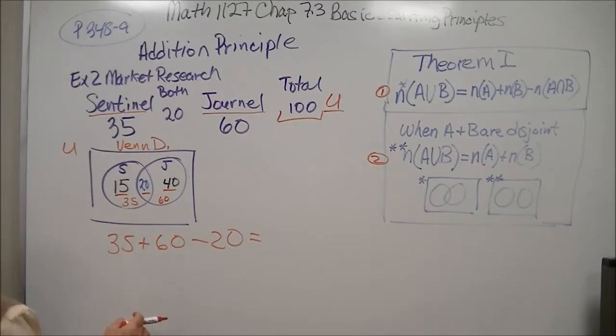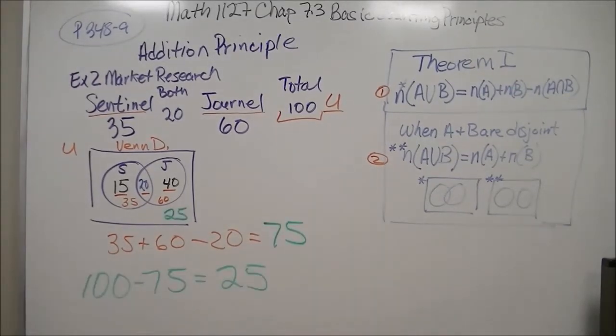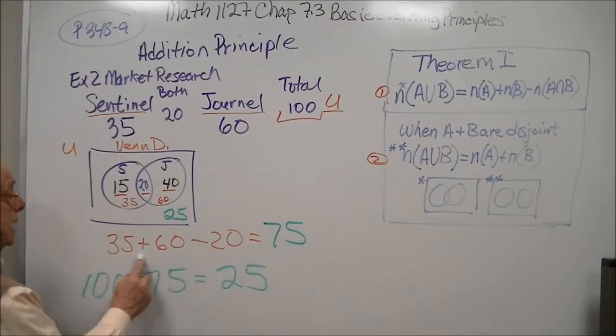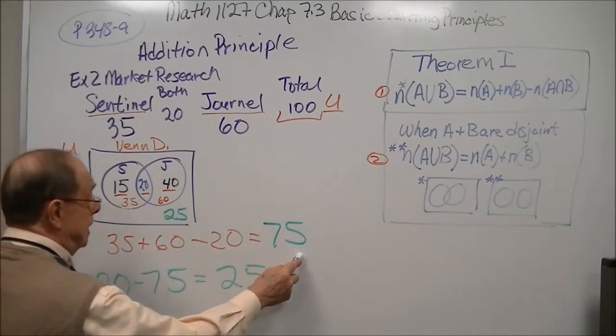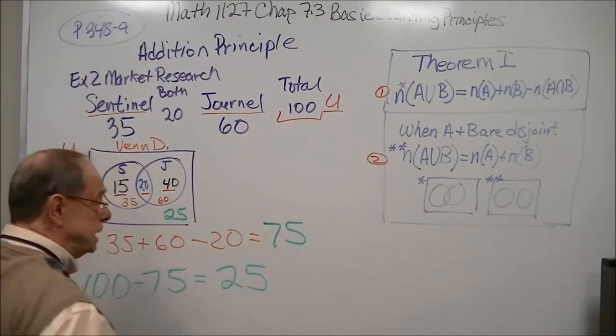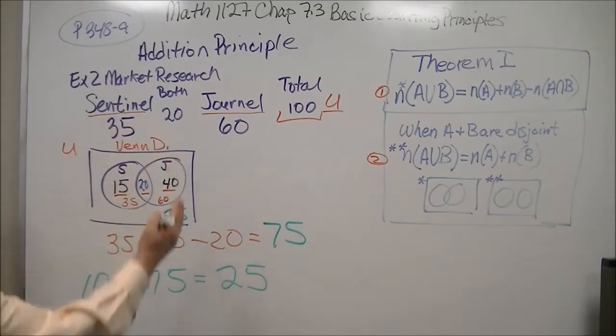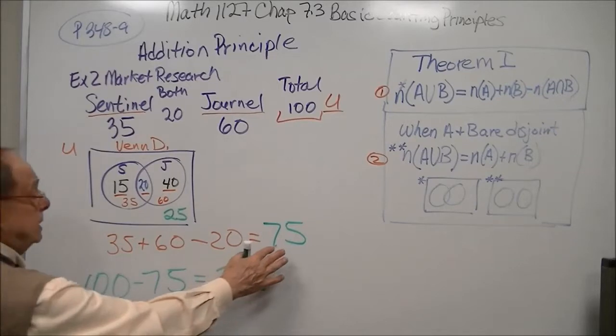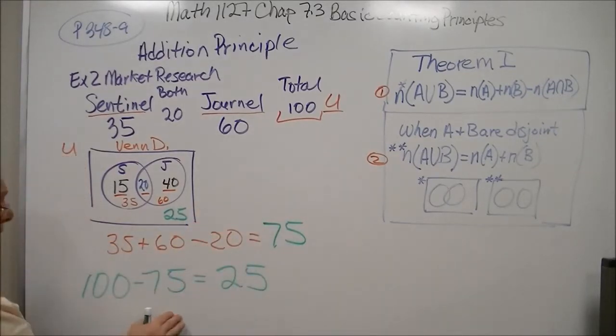Well, with the help of a little calculator, adding these two together, we get 95. 95 minus 20 is 75. So we have 75 out of the 100 reading newspaper articles from these papers. So the people that don't read the newspaper would be 75 from 100, which is 25 individuals.